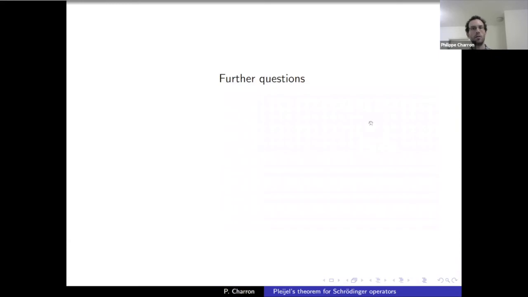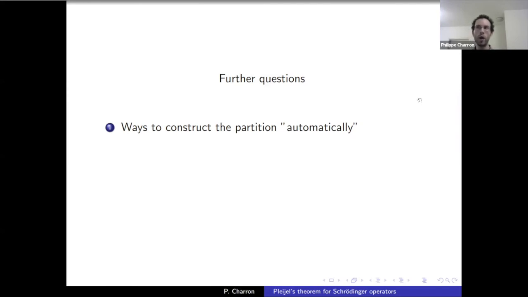Now I've got a couple of interesting inquiries to finish the talk. In our cases, we looked at the potential, and then we had this intuition on how we could build a partition, but there was not a way to take any V, without any assumptions on V, and construct a partition.